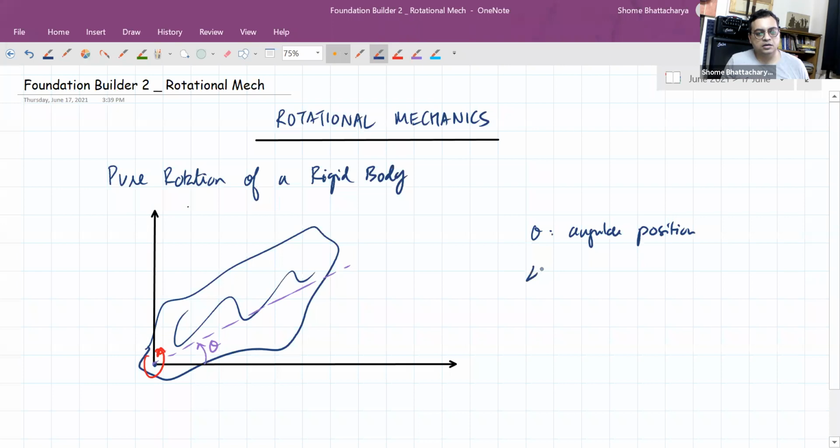we define angular displacement, we define angular velocity, and we define angular acceleration.